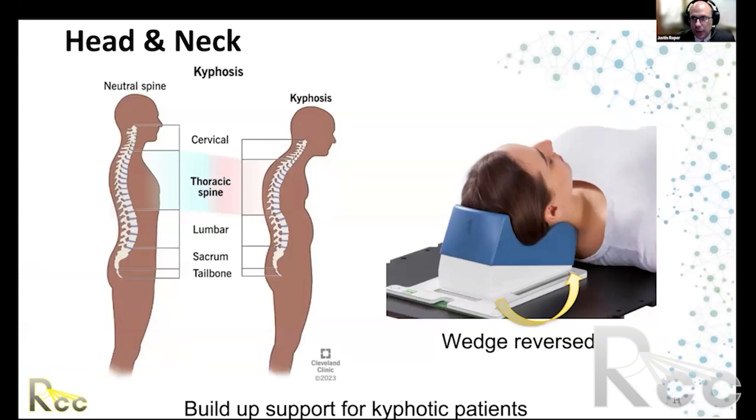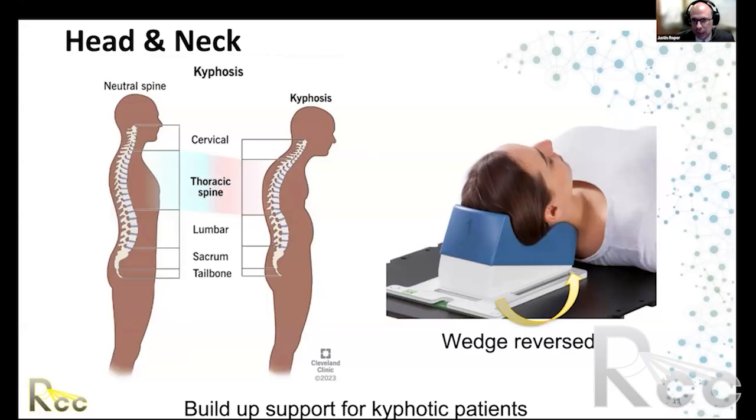So some patients are kyphotic, and our recommendation for kyphotic patients is not to try to make them straight or flat on the table, but instead to build up the immobilization devices to meet them. What I want to show in this example is that the angle of the wedge underneath the headrest is reversed.